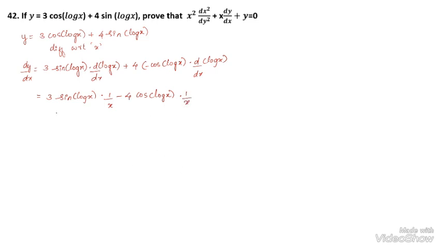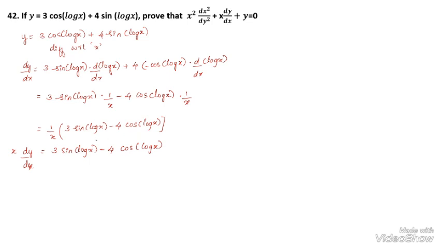Taking 1 by x as a common, that is 3 sine of log x minus 4 cos of log x. Taking 1 by x on left side, it becomes multiplication. x into dy by dx is equals to 3 into sine of log x minus 4 into cos of log x.